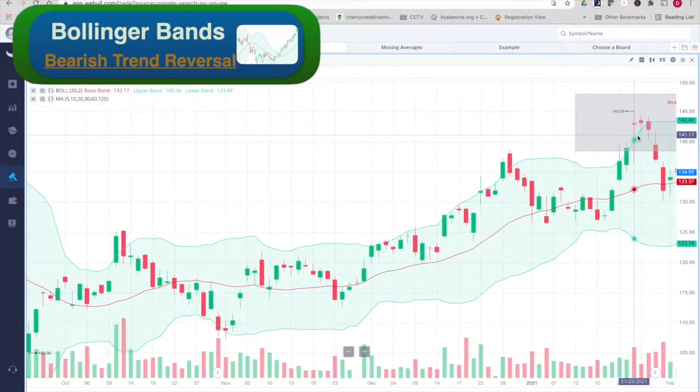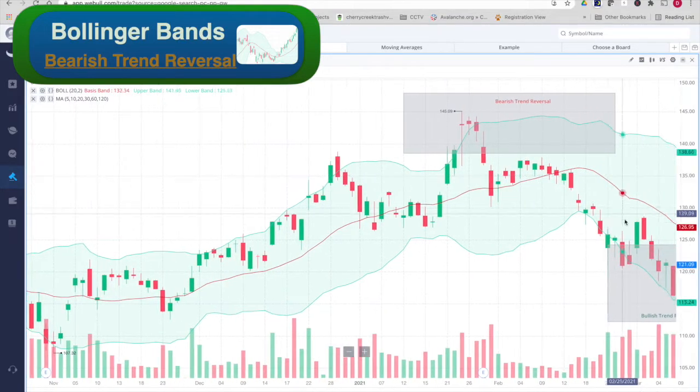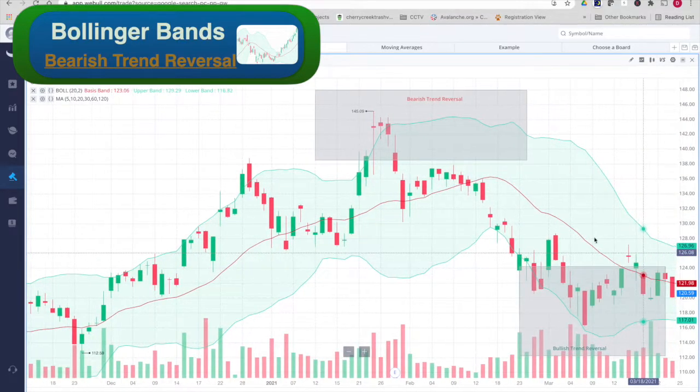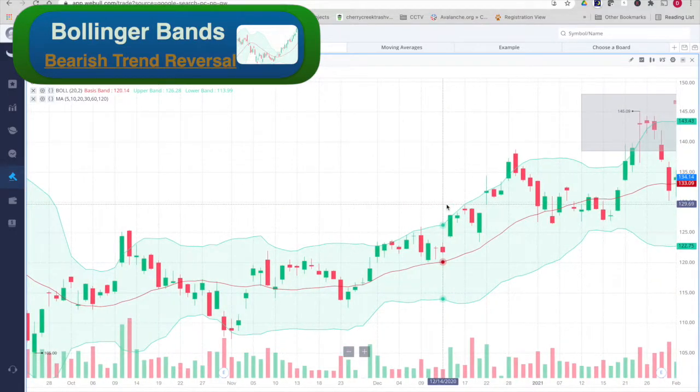But we wouldn't necessarily know that it was going to decrease as far as it actually did. But for shorter term investments or day trading, this can be a useful strategy. It doesn't necessarily have to exceed the upper Bollinger Band. But if it gets close to it, you can see that maybe this is in an overbought condition.